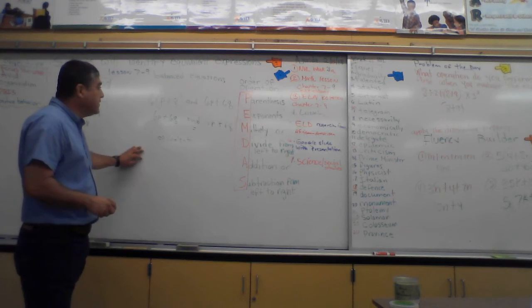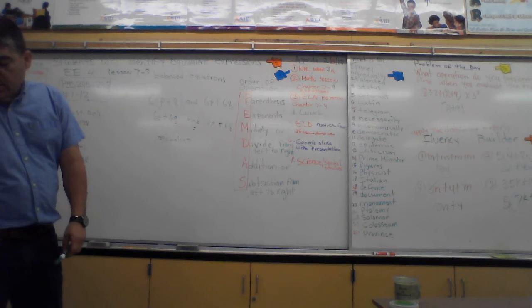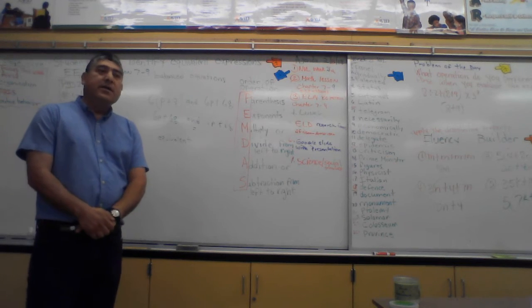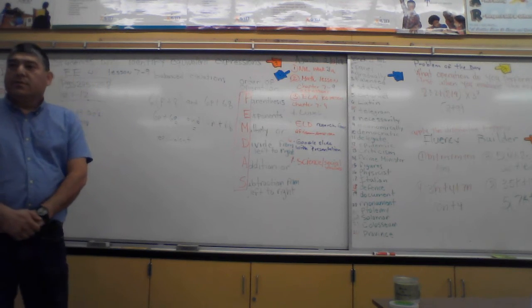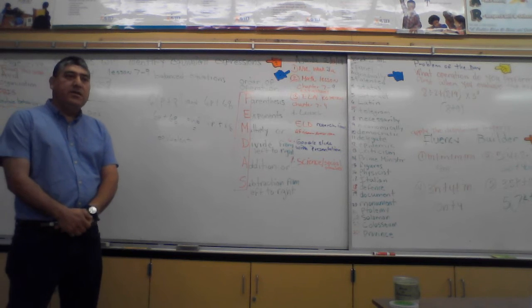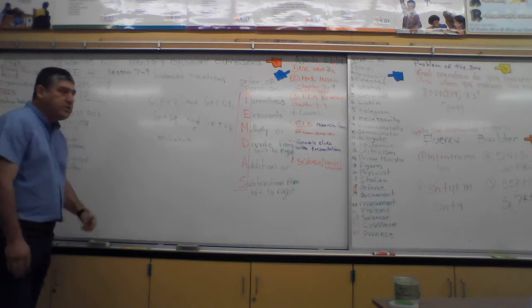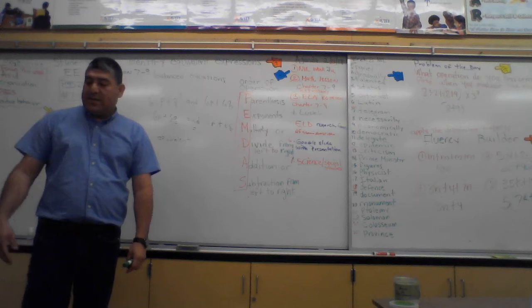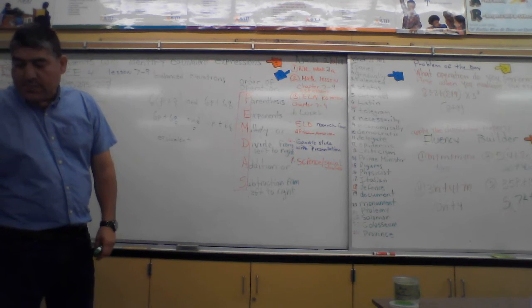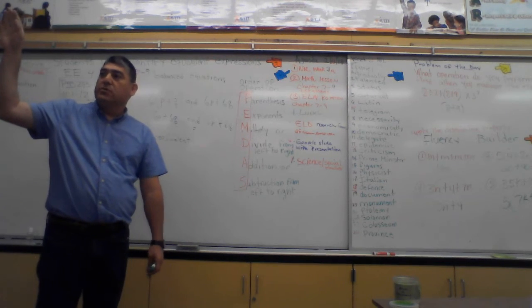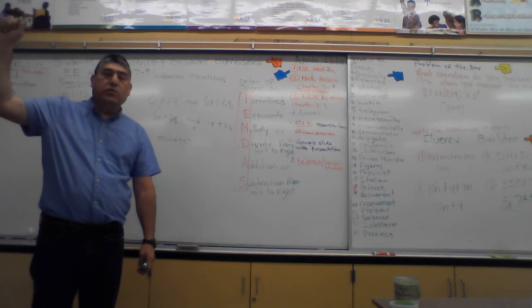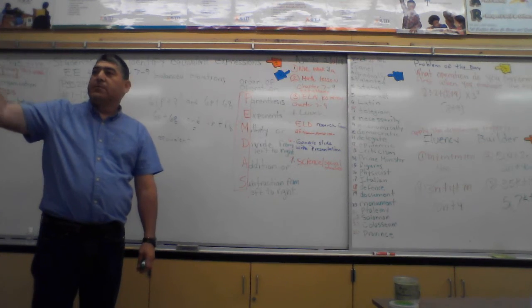As for the closing, I will check for their understanding. After we have checked the problems that they were supposed to do, I will ask how many missed 0 to 2, 3 to 4, or more than 4. So I will count.